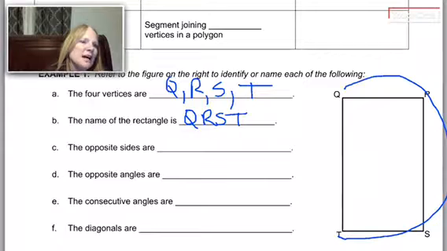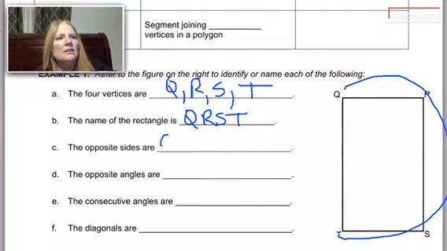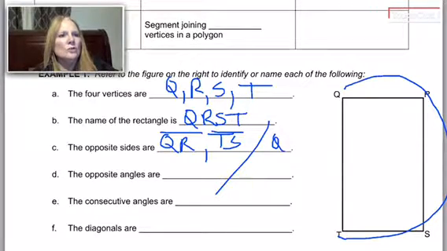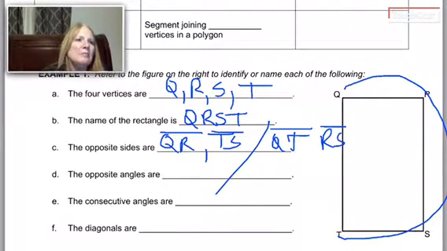And then the opposite sides are the sides across from each other. So we have side QR and TS are opposite sides, as well as QT and RS.